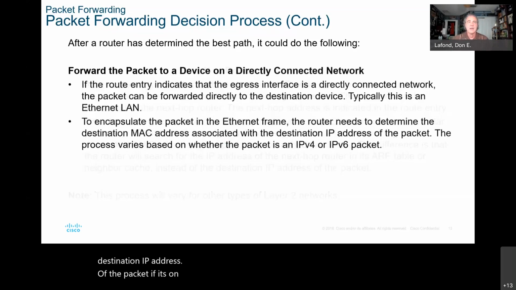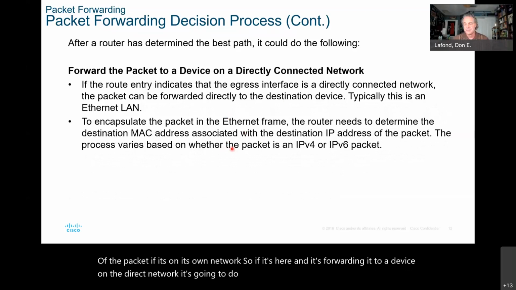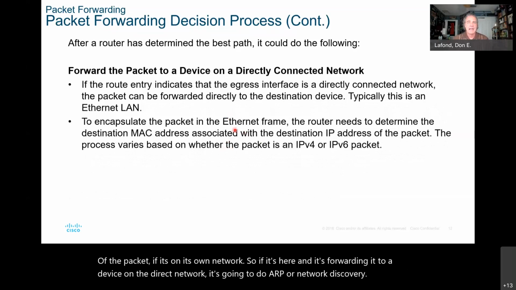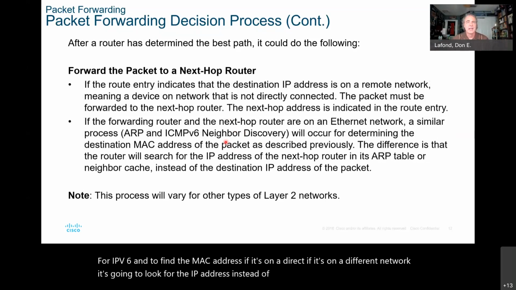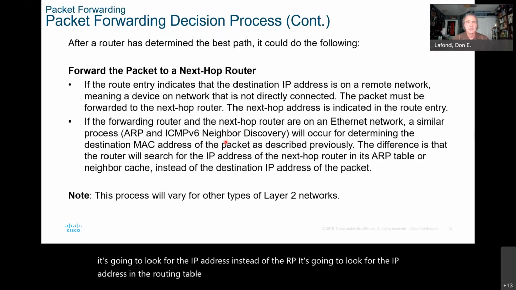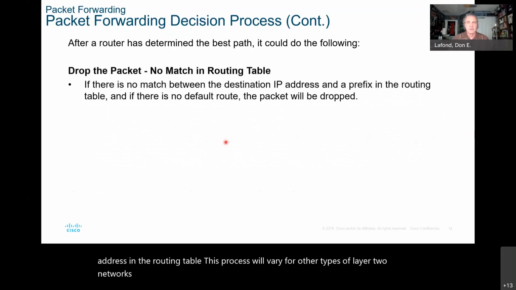So if it's forwarding it to a device on the direct network, it's going to do ARP or network discovery for IPv6 to find the MAC address. If it's on a different network, it's going to look for the IP address in the routing table. This process will vary for other types of layer 2 networks.